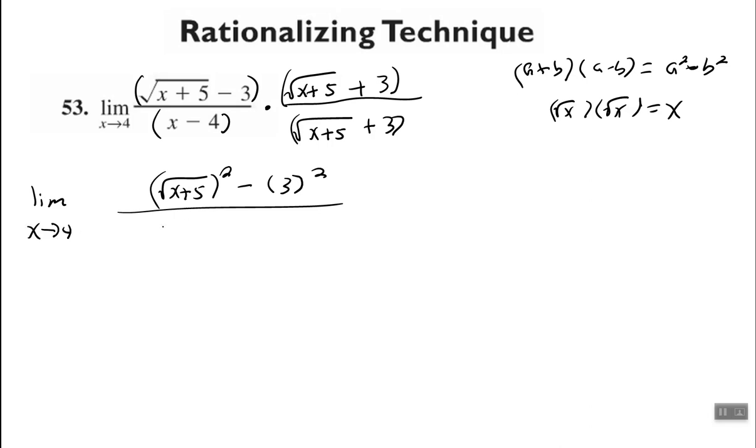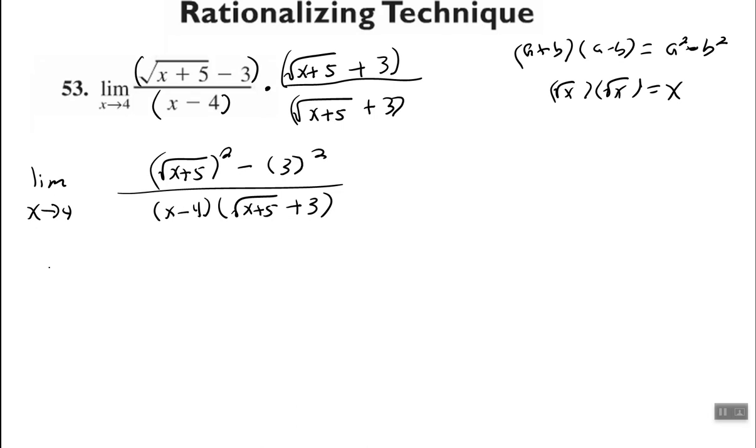And then in my denominator, I'm not going to multiply that out, because my goal, hopefully, is to get rid of that x minus 4, since that was causing the problem for me not to be able to substitute. All right, so the square root of x plus 5 squared is simply x plus 5. And then 3 squared is 9.